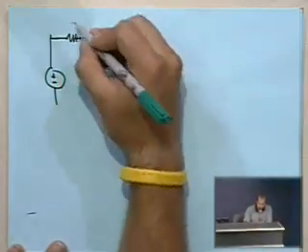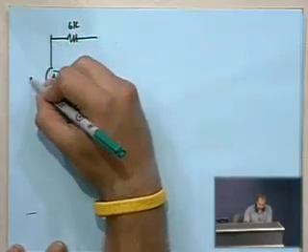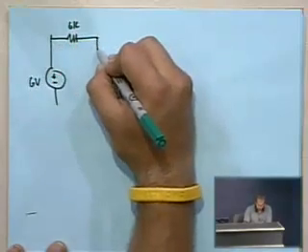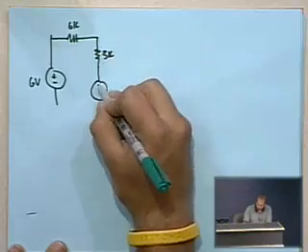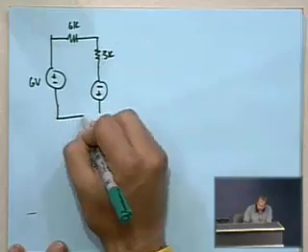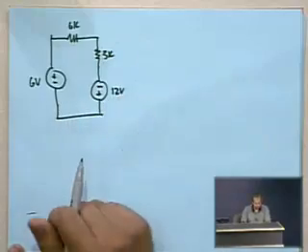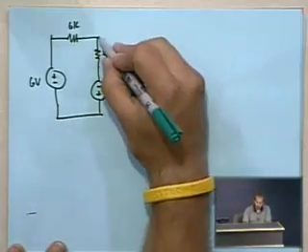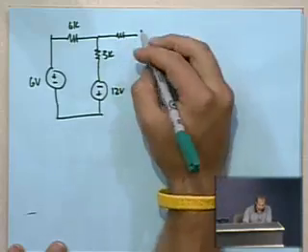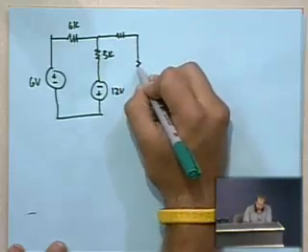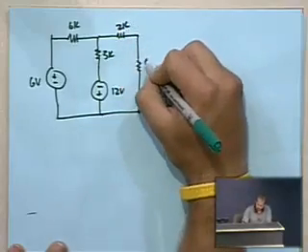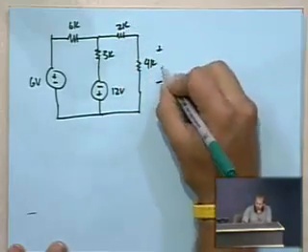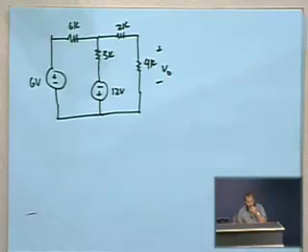Got a 6K resistor up here and a 6 volt source. Got a 3 kilo ohm resistor here and a negative 12. It's a 12 volt source, but the polarity is a little weird. Got a 2K resistor hanging off the side here, and then our load resistance is a 4K resistor here, and what we want to do is find out what the voltage is across that.